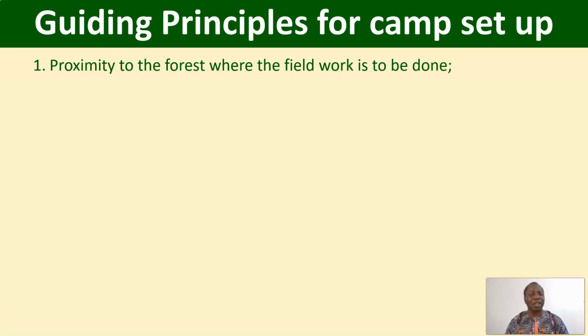In the 4 hour case, you can imagine, even if you set out as early as 7 a.m., meaning that the team would have been awake by 6, you have eaten, you have done everything. By 7, you set out. 4 hours will take you up to 11 a.m. before you get to the field. And if you get to the field at 11 a.m. and you start work immediately, remembering that you need 4 hours to get back, how many hours are you going to spend on the field to work?